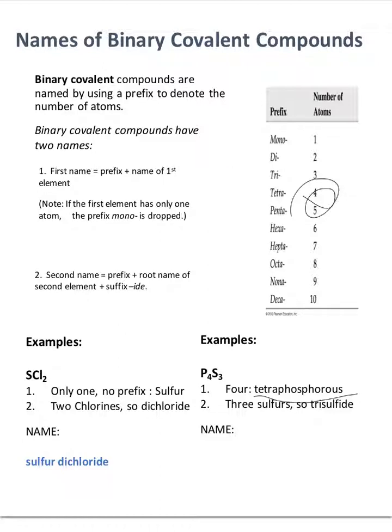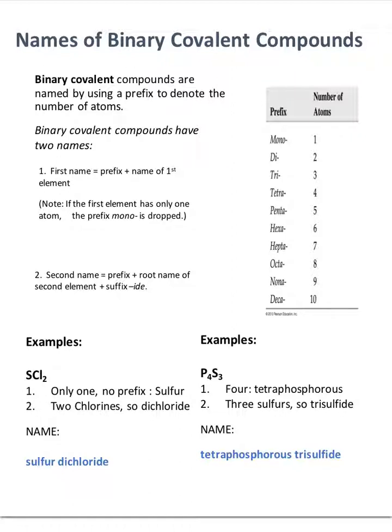If we follow our naming rules, since it's the second element listed, we take the root name, take off the ending, and add IDE. So we get sulfide, and because there are 3 of them, we use the prefix tri, so we have trisulfide for that portion. And if we were going to name the overall compound, we would have tetraphosphorus trisulfide.